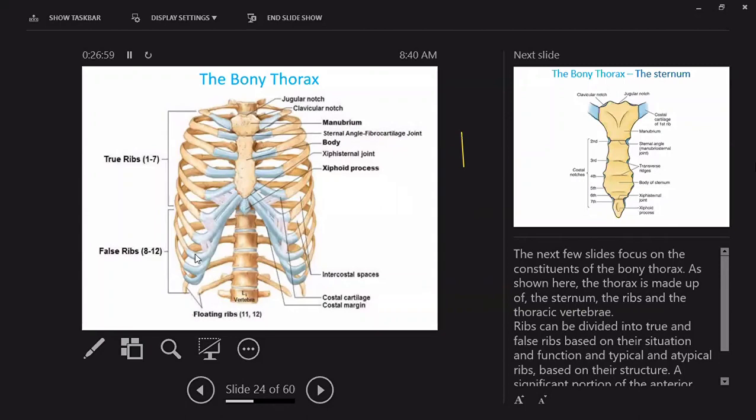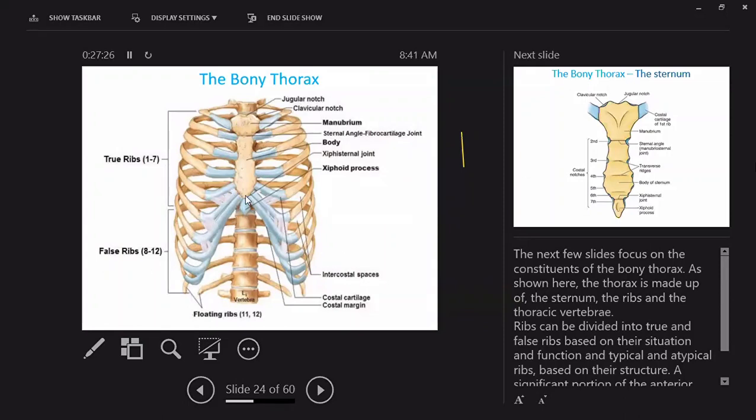Then you get false ribs. False ribs only fix onto the vertebral body and the transverse process at the back. They don't have attachment directly to the sternum, but they are attached to the sternum via the costal cartilage. Ribs 8, 9 and 10 are attached to either the 7th or the 6th.